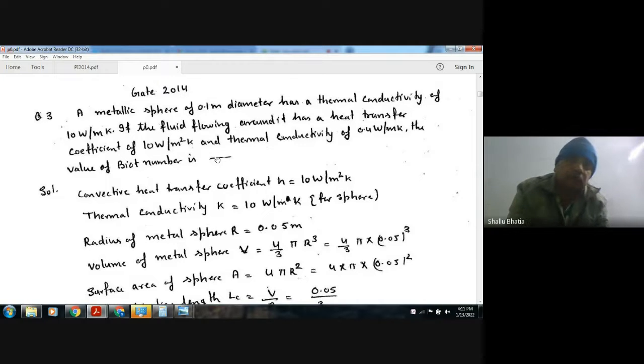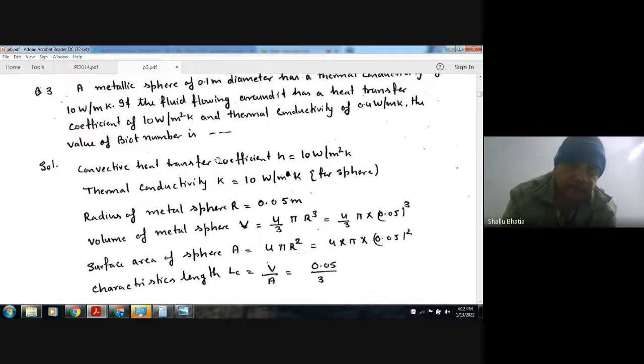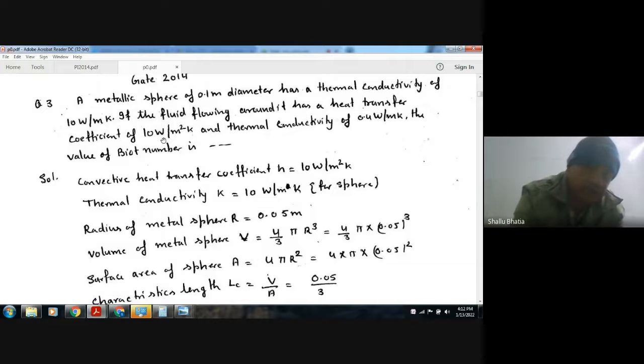The Biot number is hL by k, where L is the characteristic length, h is the convective heat transfer coefficient and k is the thermal conductivity of the solid.